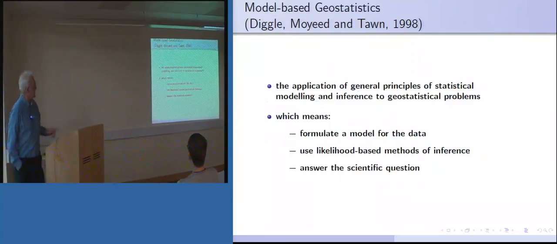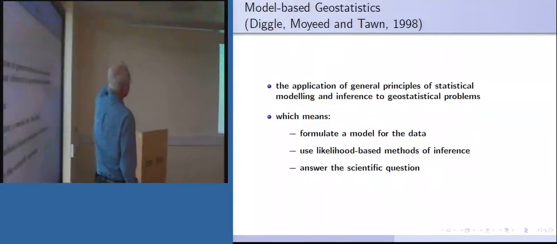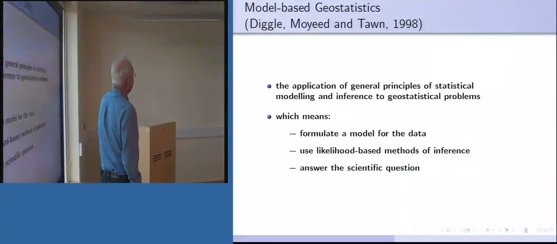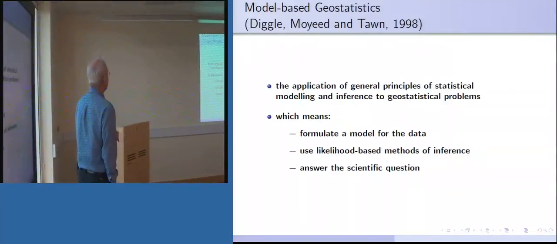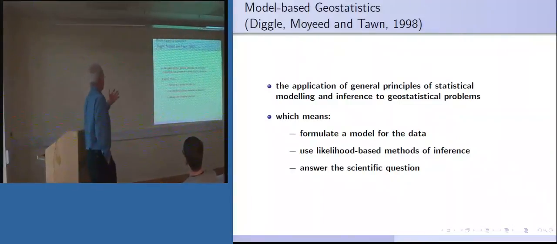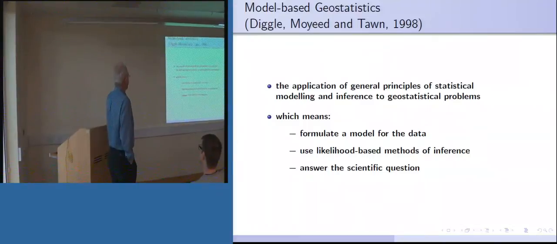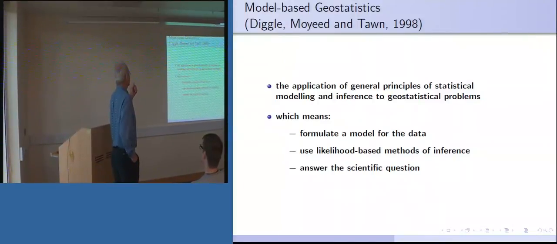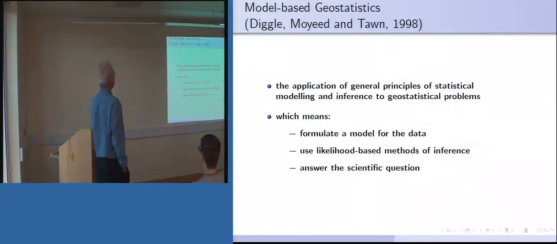Now, rather arrogantly, myself and two colleagues introduced the term model-based geostatistics in a paper in 1998, which was really just an attempt to have a pithy title for what was really just saying, we weren't the first to say it, but I think it was the first to systematize it, that geostatistics is really about classes of scientific problem, which you could very briefly summarize as spatial prediction, and there seemed to us no reason why you shouldn't apply general principles of statistical modelling and inference to those problems.